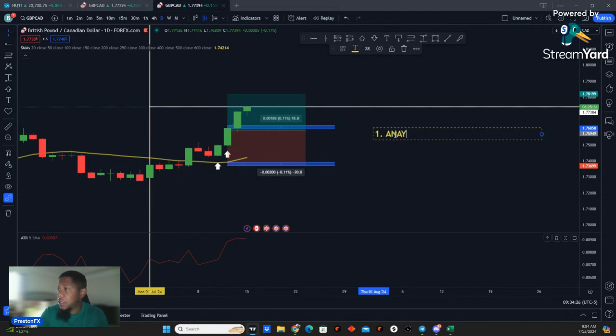Analyze the pairs at the beginning, first of the week. All right, number 2. Analyze the pairs and find the pairs that all match direction.